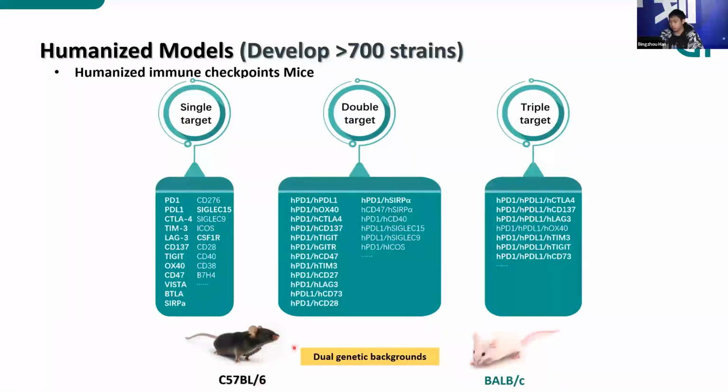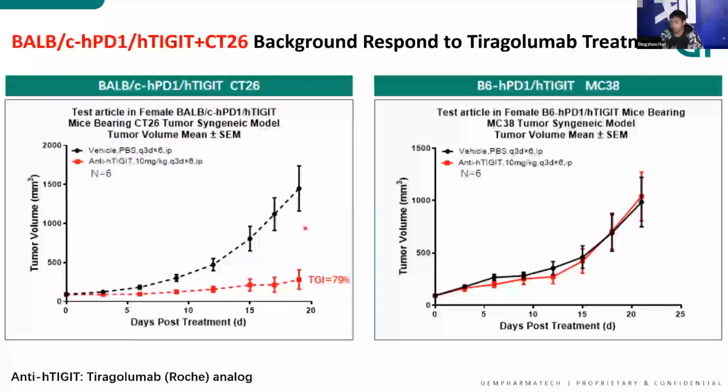So why did we do this in different backgrounds, and why do we keep doing them in multiple strains? Here is an elegant drug efficacy test in this study using a combination therapy of anti-PD-1 and anti-TIGIT antibody in different backgrounds bearing different cancer cell lines.